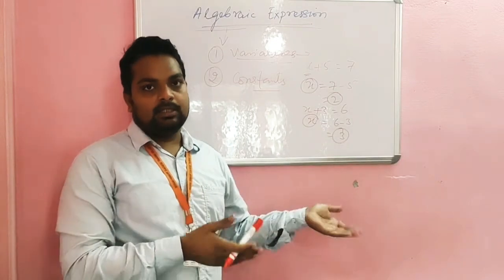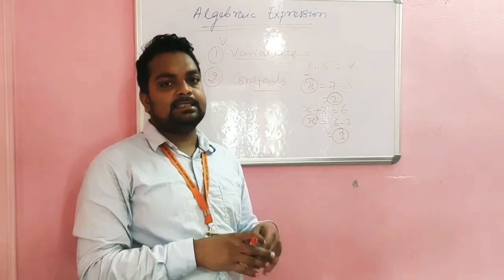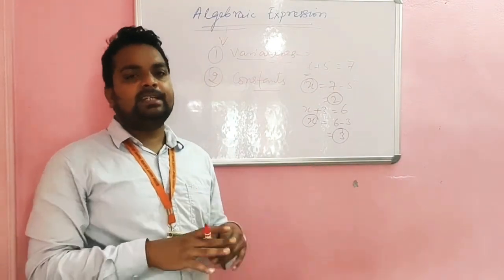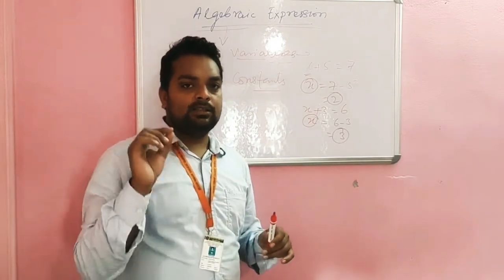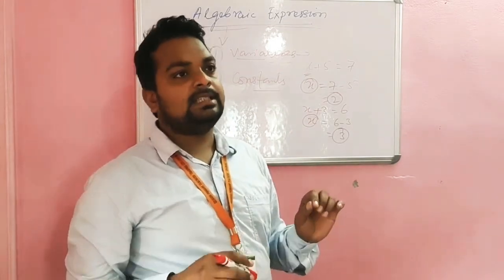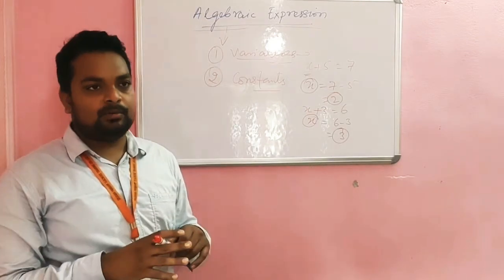It may be a negative value, it may be a positive value, it may be 0, it may be any integer. Along with integers it may be any real number also. Okay, so variables are those symbols or expressions that can take different values at different times depending upon the case.